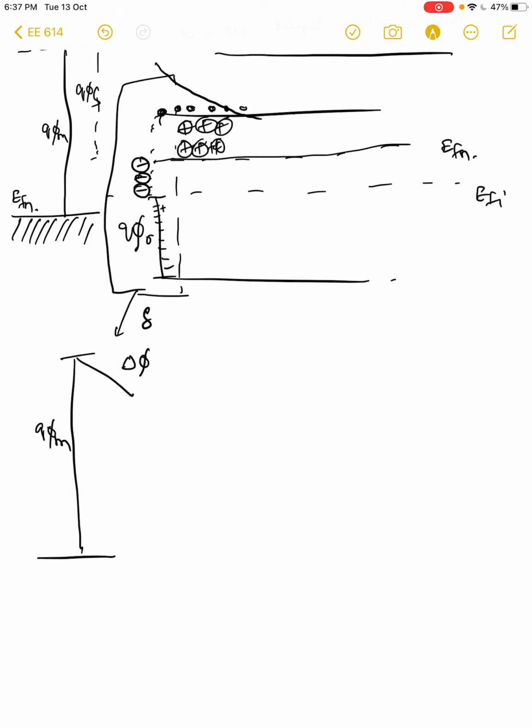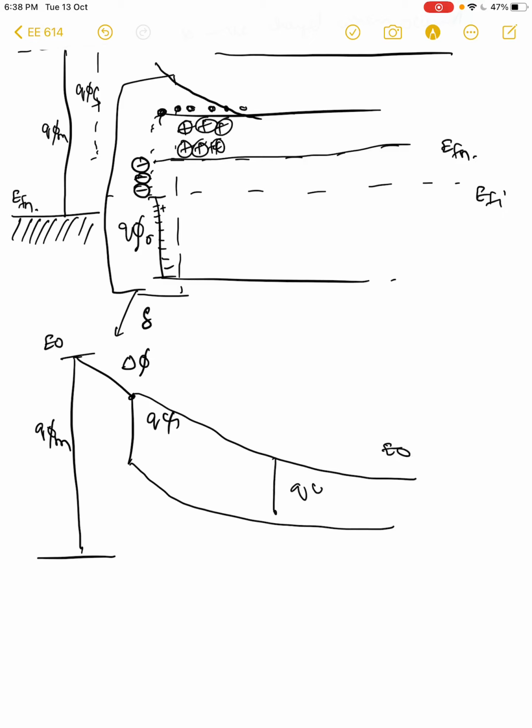I have a negative charge density at the interface, and this negative charge density leads to a dip in the potential from the metallic work function that we saw before. This is E naught, and from here we again have our traditional Q chi drop and the band. This is E naught. So you have Q chi everywhere, right? The Fermi levels should line up.